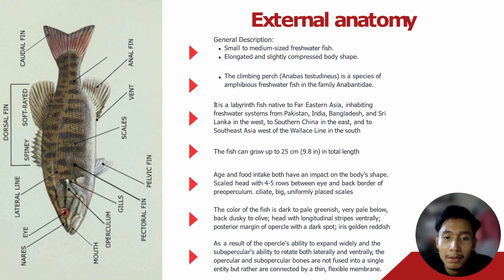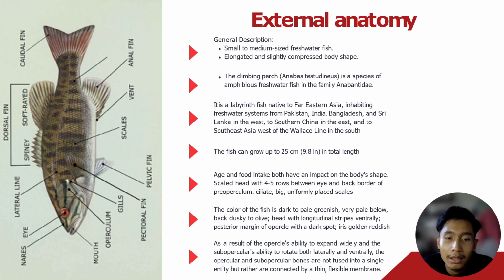It is a labyrinth fish native to far eastern Asia, inhabiting freshwater systems from Pakistan, India, Bangladesh, and Sri Lanka in the west, to southern China in the east, and to southern Asia west of the Wallace line in the south. The fish can grow up to 25 cm, 9.8 inches in total length.